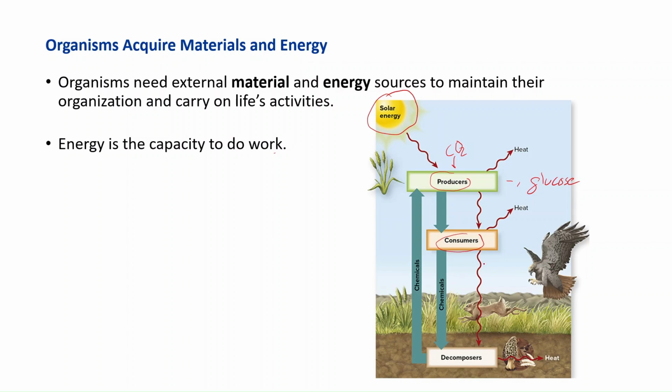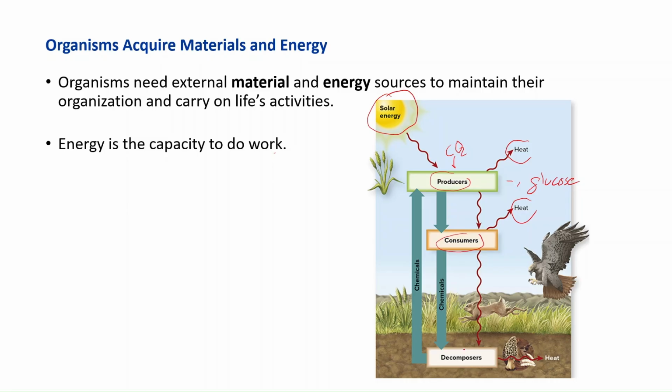Other animals are going to eat animals. They don't eat plants. Okay? They're still consumers. Notice that every time we change from one type of organism to another, there's always a little bit of loss of energy as heat. Plants, producers, consumers, anything eventually dies.